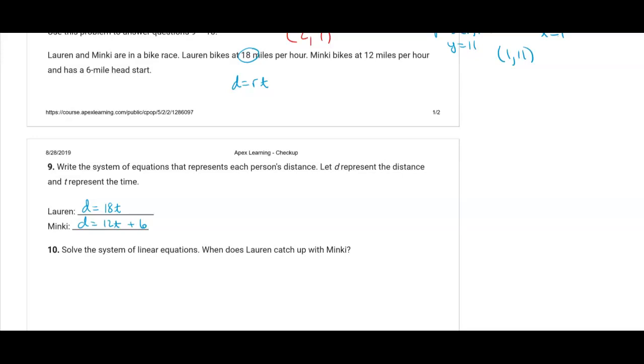Now, as you can see, Lauren is driving faster, so eventually she'll catch up. So how long will it take her to catch up? Well, if we solve this system, we have D equals 18T, D equals 12T plus 6. So I'm going to take the value of D from D equals 18T and plug it in here. 18T equals 12T plus 6.